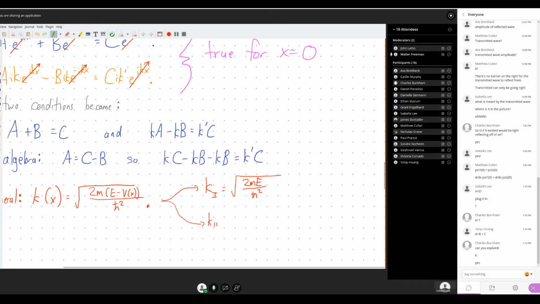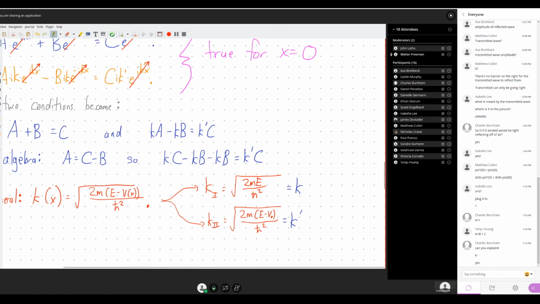But K in region 2 is the square root of 2m times E minus V naught over h bar squared, because the potential is different there. So I've got two different k values on the left side and on the right side of the step. And for simplicity, we'll call that one k and we'll call that one k prime.